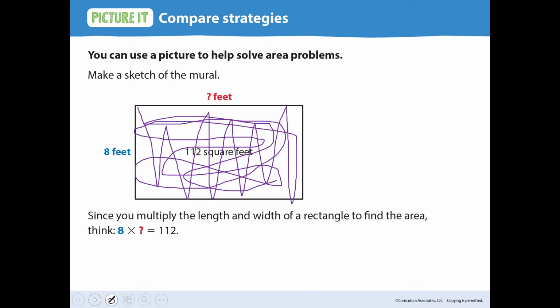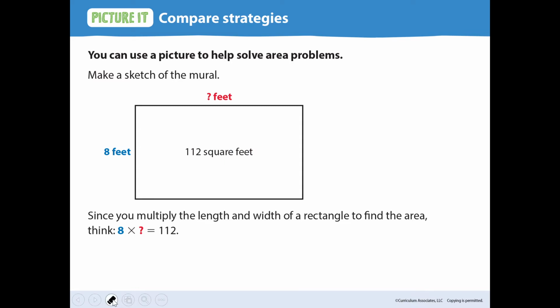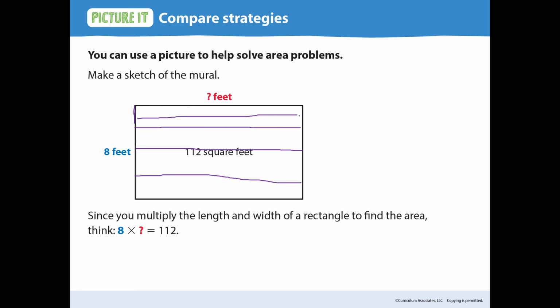So if we look at this, I'll get rid of my scribbles here. So 8 feet, if each tile that's covering it is 1 square foot, then basically what we have is 8 rows. So if I divide this up into 8 rows, I'm trying to do these straight, but it's not quite working out.